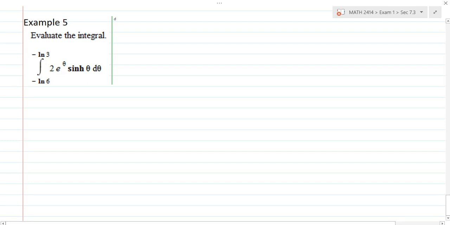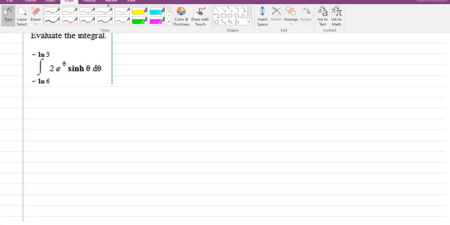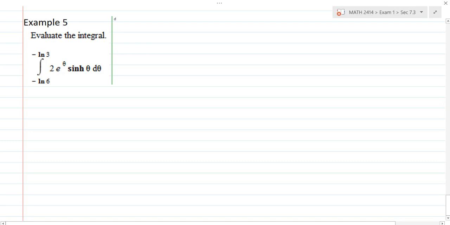Negative natural log 6 to negative natural log 3 of 2e to the theta hyperbolic sine theta d theta. In order to do this, I do not want to work with the hyperbolic sine written like this. If you will recall, I said that the hyperbolic sine is equal to e to the x minus e to the negative x divided by 2.